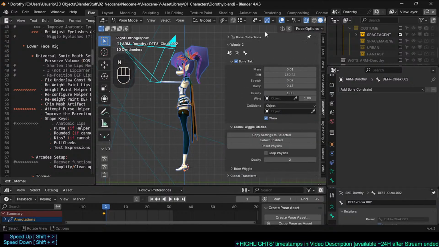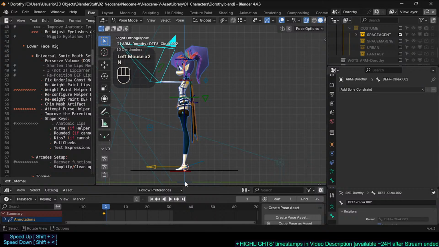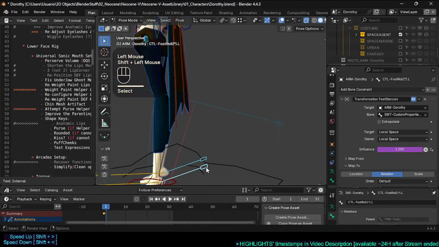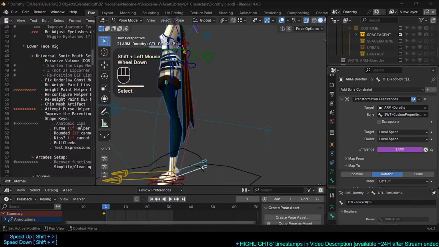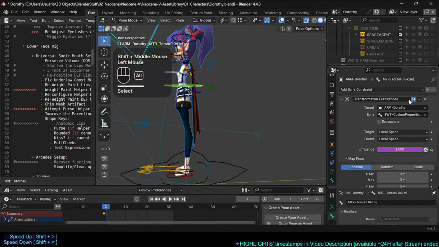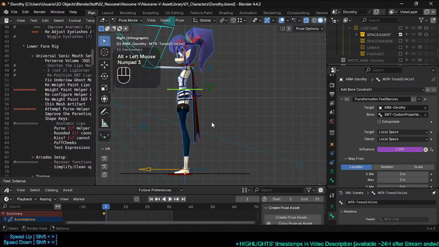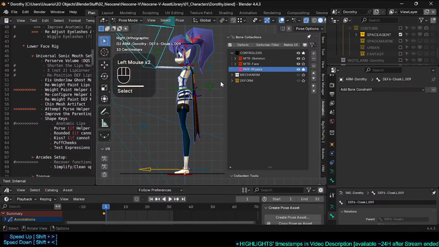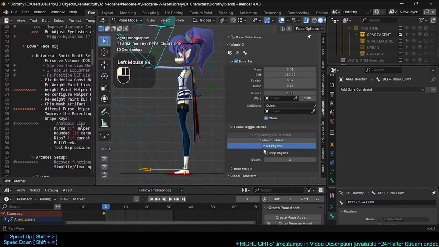Then we're gonna go back to the bones, and now I'm gonna turn off this bone constraint, turn off this bone constraint, and I'm gonna reset all. I'm gonna go back to the physics bones, and reset physics is for the global setting, so it's okay.